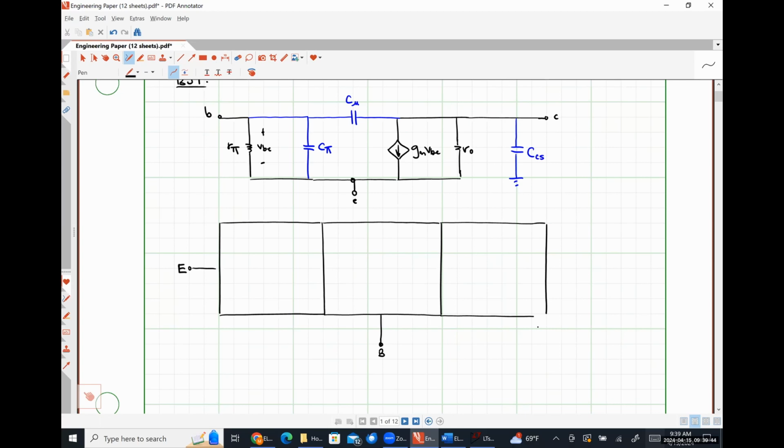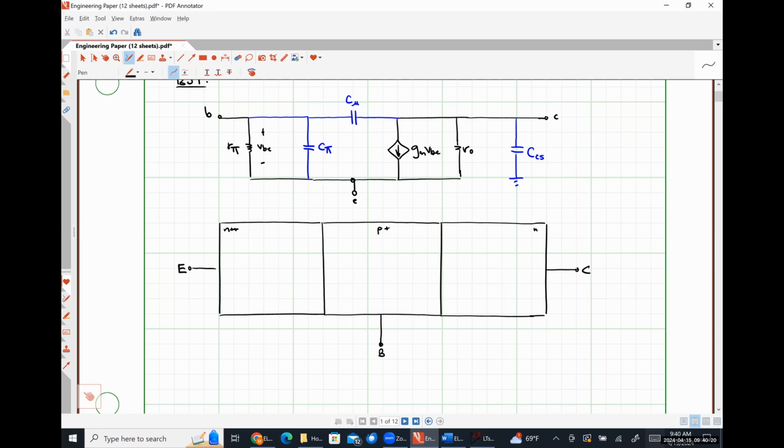And then over here is my collector. Just as a reminder, our emitter is the most heavily doped region. Our collector, if I can write a capital C, there we go, is the most lightly doped. And then our base is medium doping. And obviously this is going to be an NPN transistor based on the doping concentrations that I've given.